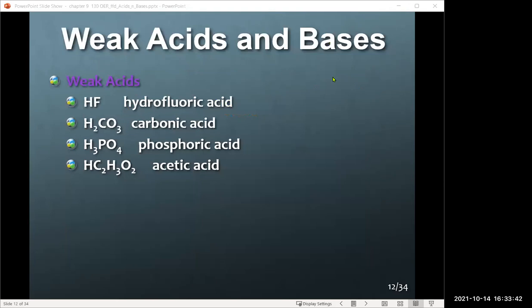All right, so here are the weak acids we gave you: hydrofluoric acid, carbonic acid, phosphoric acid, and acetic acid.